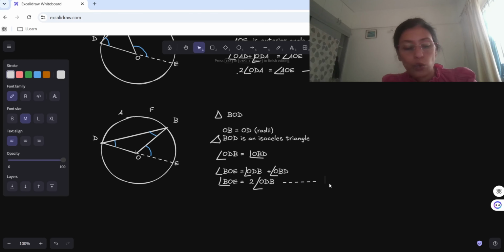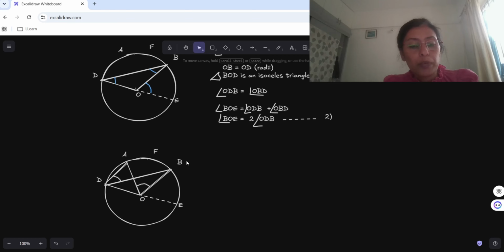Okay. Now I'll take this diagram once more. I'll copy it down, and now we'll just see what we need to find. What we needed to find is angle AOB and angle ADB, right?